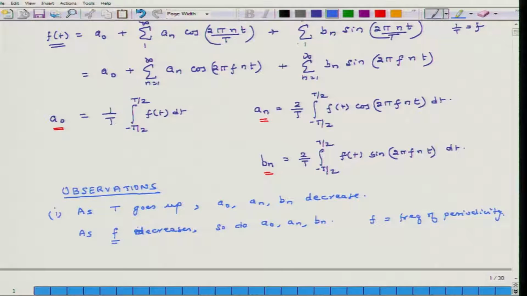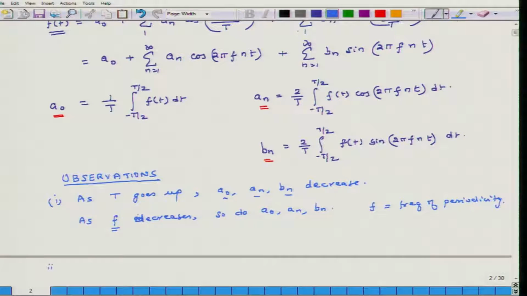What does that mean? That as the time period of a signal becomes larger and larger, these terms A0, An, Bn become less and less. So, theoretically if the time period is infinite, then these coefficients, if f(t) is not changing, will approach 0. This is an important thing.